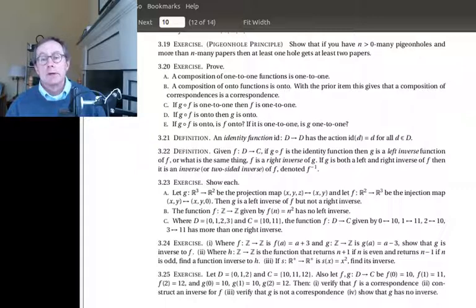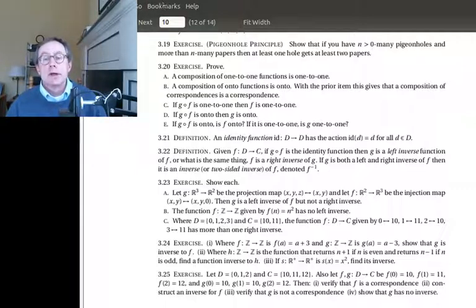It is in some sense a null operation. And then if G circle F is the identity function, then G somehow cancels out F. So like you think dividing by 7 cancels out multiplication by 7, and subtracting 9 cancels out adding 9.